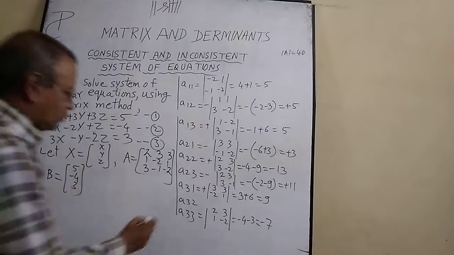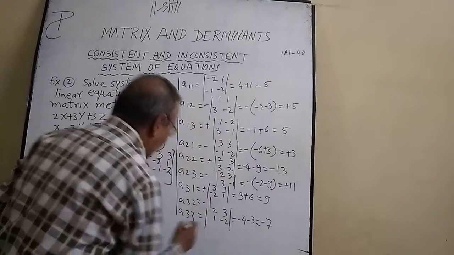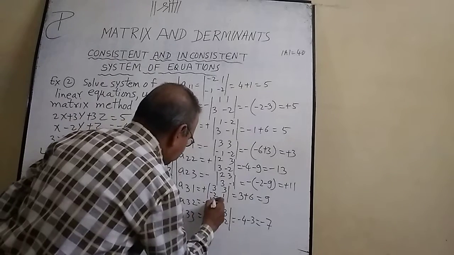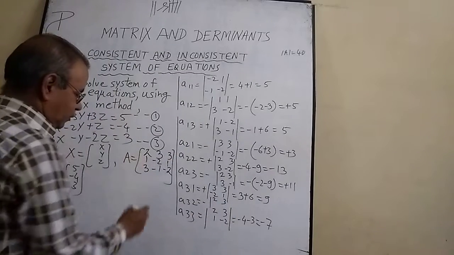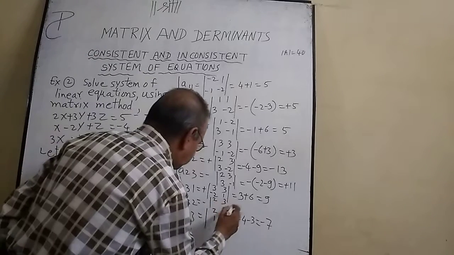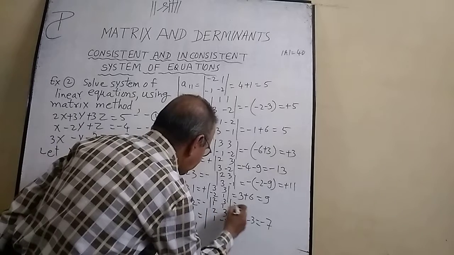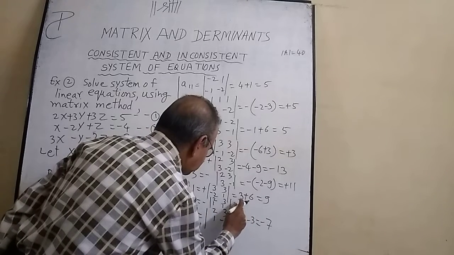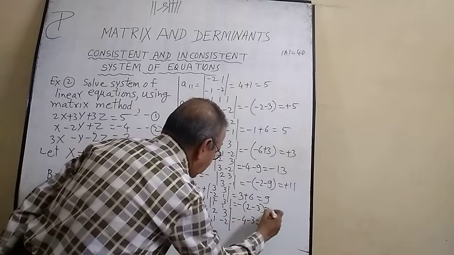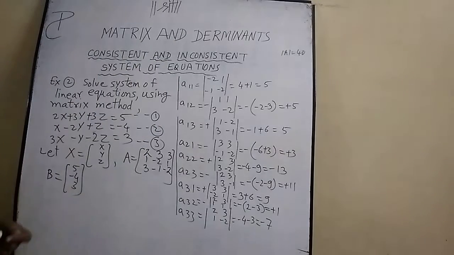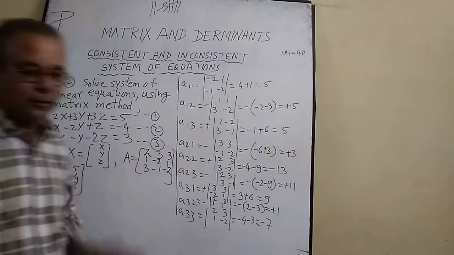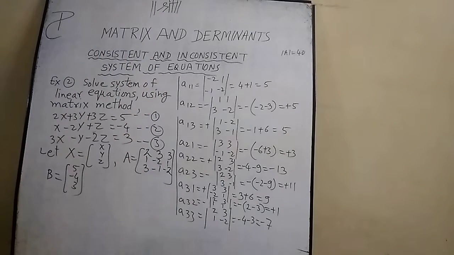And this A32 is equal to minus; this is third row and second column, that is 2, 3 and 1, 1, and therefore it is 2 minus 3, which is equal to plus 1. So A33 value is 2 minus 2, 3 minus, that is equal to minus 7. With the help of this, we find the adjoint.